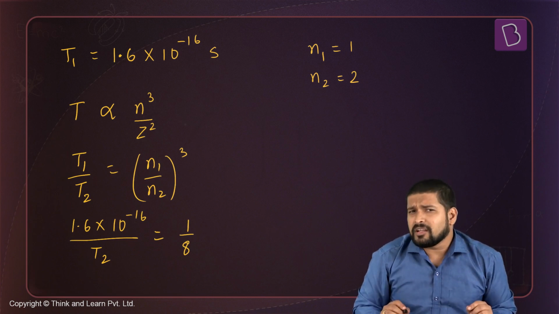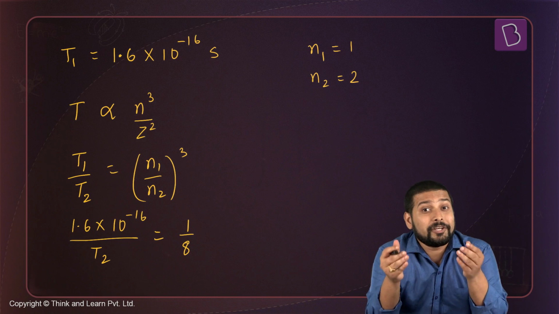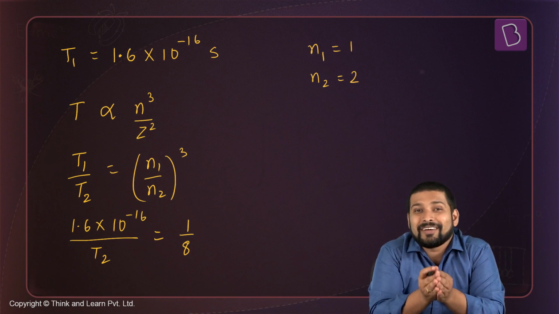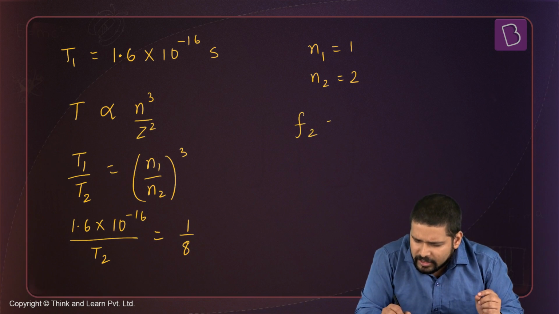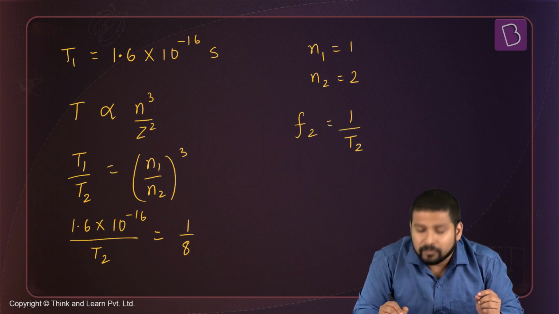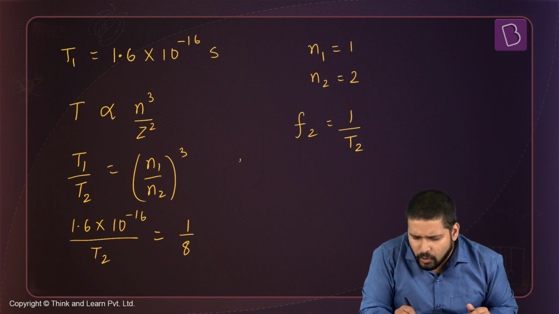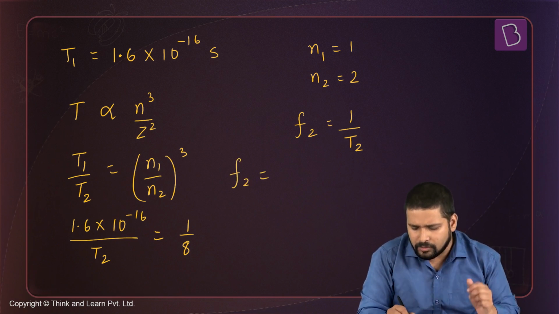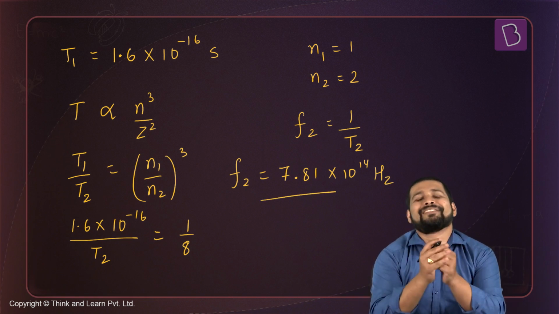And if you just rearrange this, you are going to get the value of T2, right? But we are not supposed to find T2 over here. We are supposed to find the value of f2, right? So f2 is nothing but 1 by T2. All you have to do is rearrange this, and you end up getting the value of f2 equals 7.81 into 10 to the power of 14 Hertz. And that is the answer to this question.